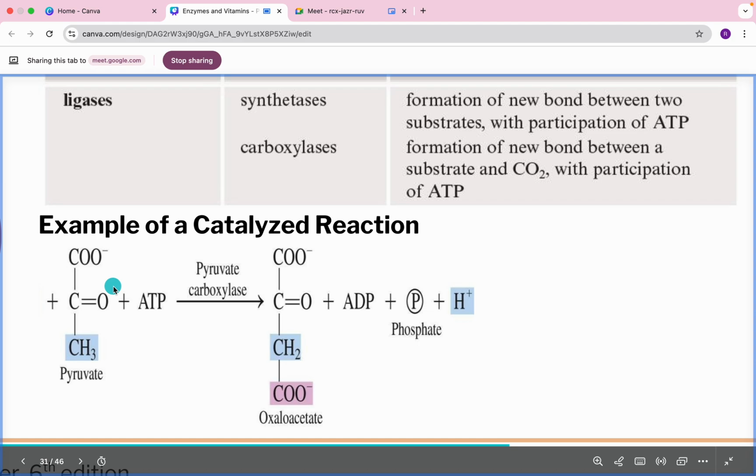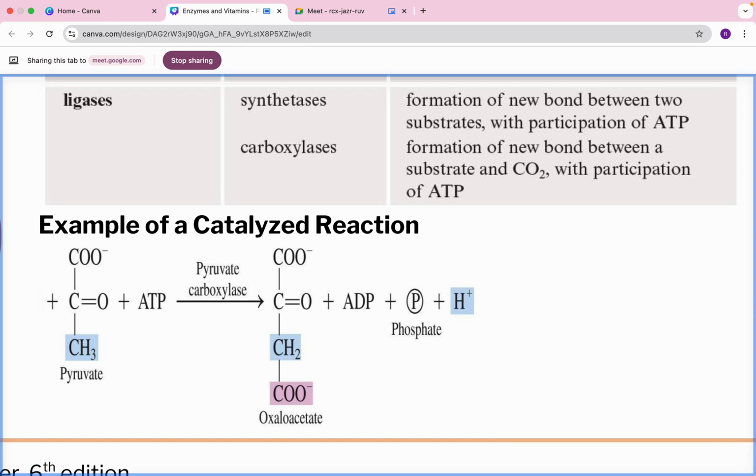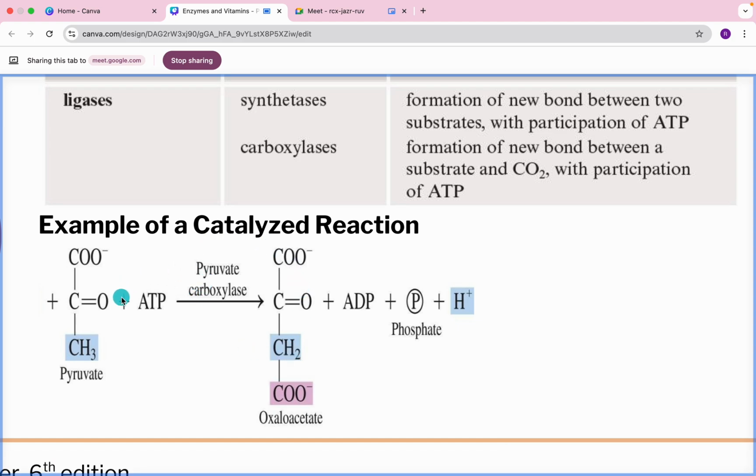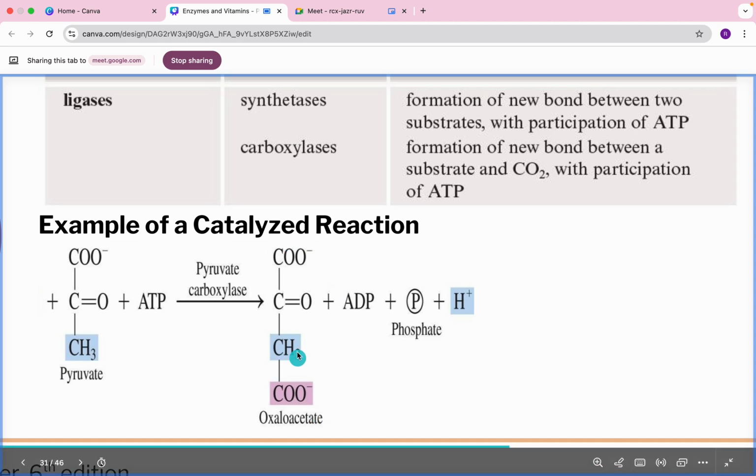So you can have a substrate plus carbon dioxide or any byproduct, or you can have two reactants in that case. So it can be reactant 1 plus reactant 2 forming your product, or you can use a byproduct with the help of ATP in order to form your product.